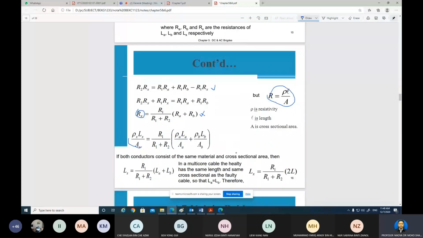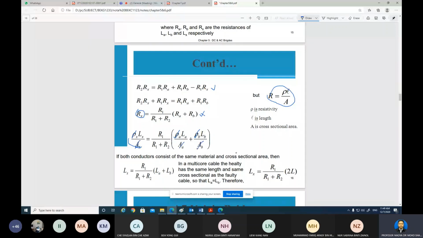But we assume both conductors are the same material, which means the rho will be the same, so we can cancel out the rho. The cross-sectional area is also the same, so we can cancel out the A and rho here.